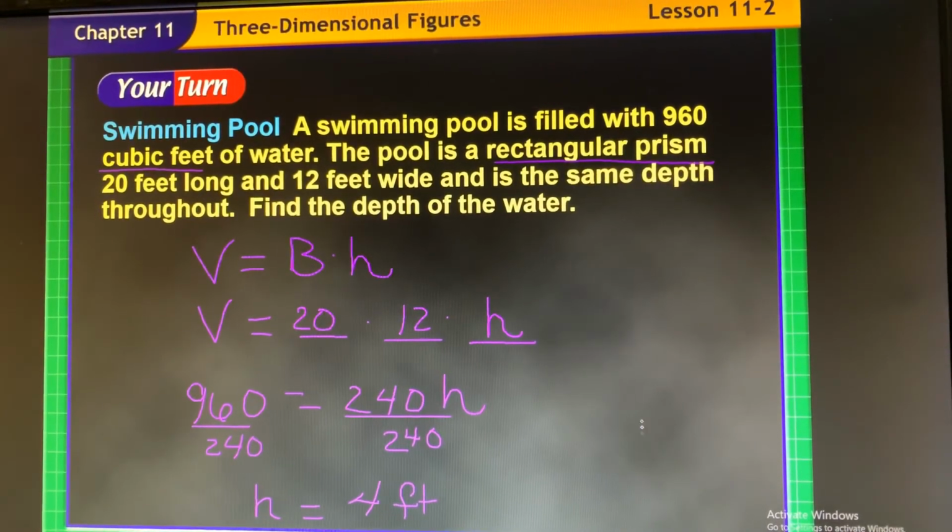You could substitute it back up here and make sure that if you multiply 20 times 12 times 4, you indeed get 960. So it's pretty easy to work backwards. Process. You can pause if you need to look at this some more.